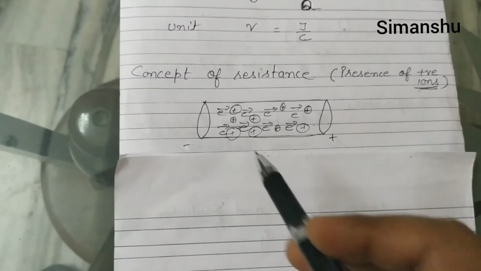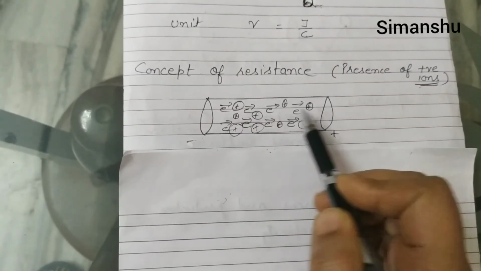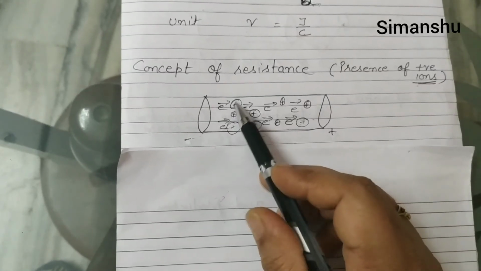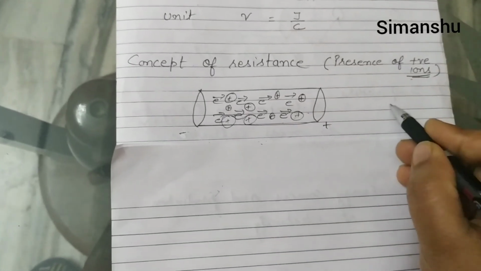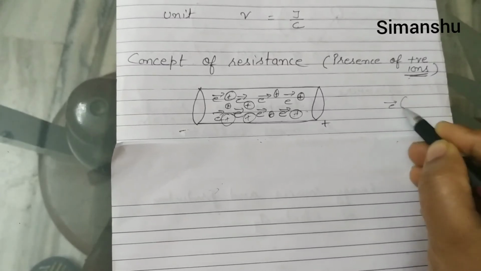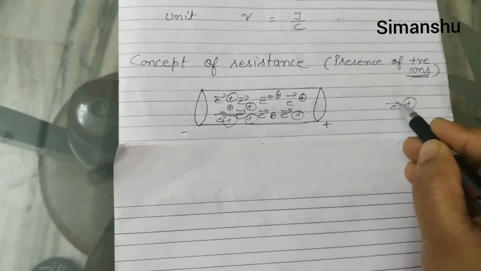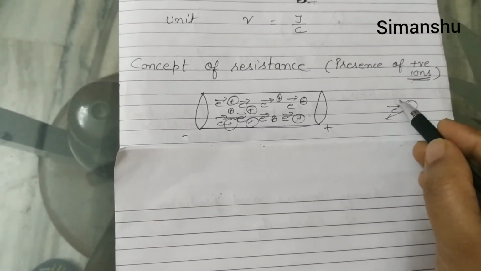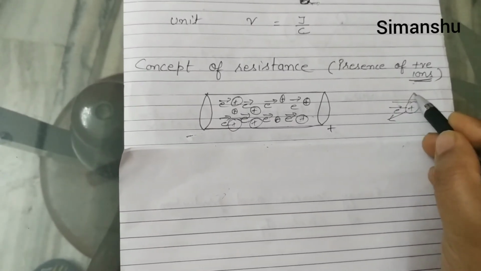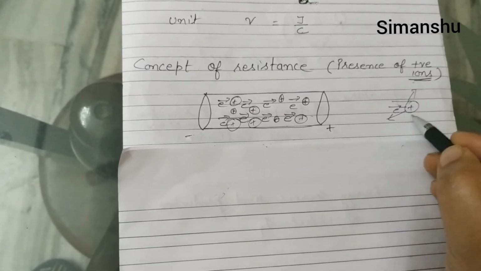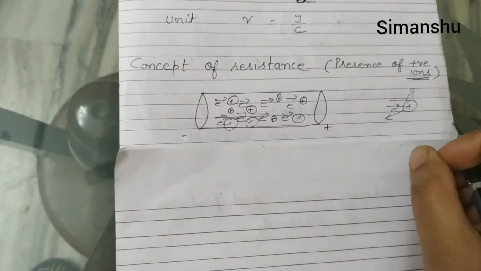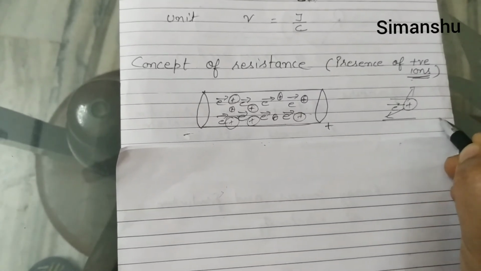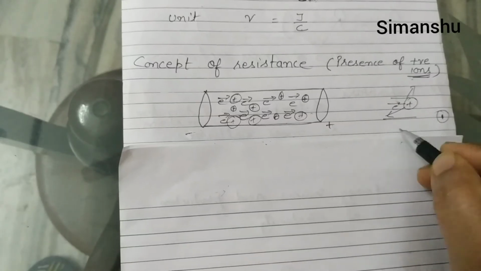So, when these electrons are moving from one side to the other, they are going to collide with these positive ions at a certain point. When they collide with a positive ion, after striking it, they can turn backward also. They can drift also, or this positive ion will slow down their speed, meaning they are going to take more time in reaching the other side.